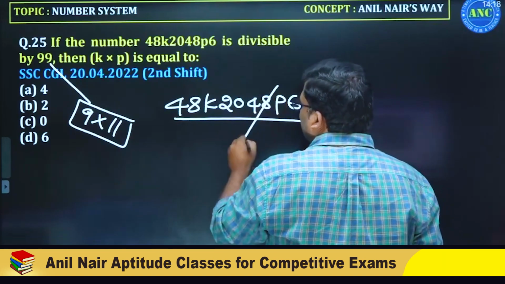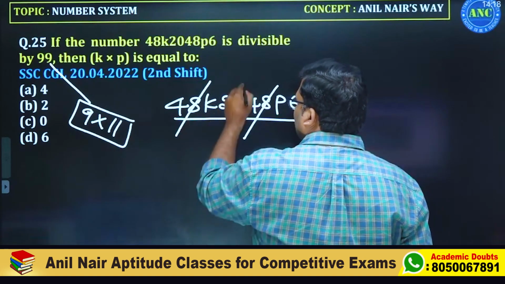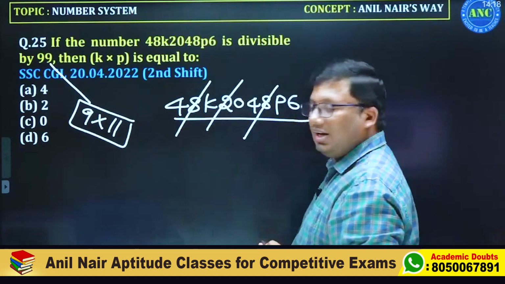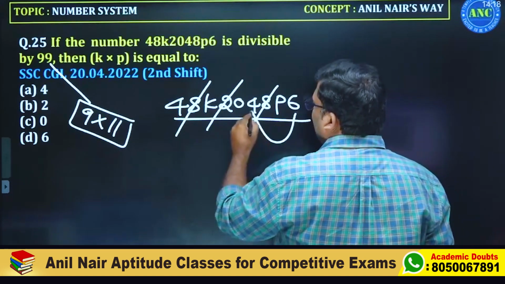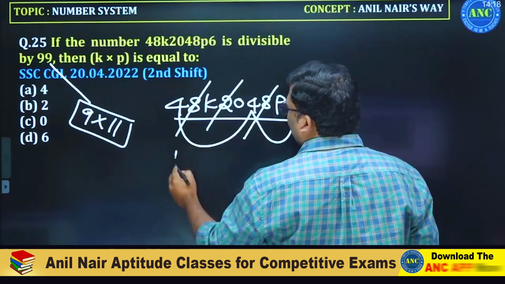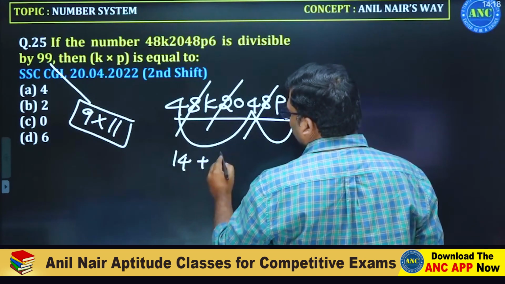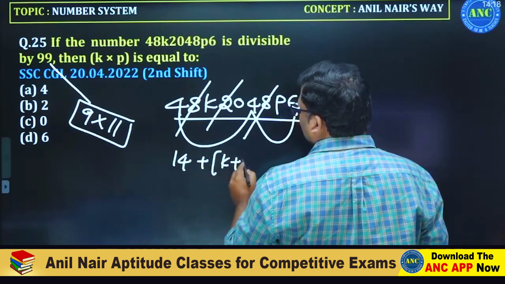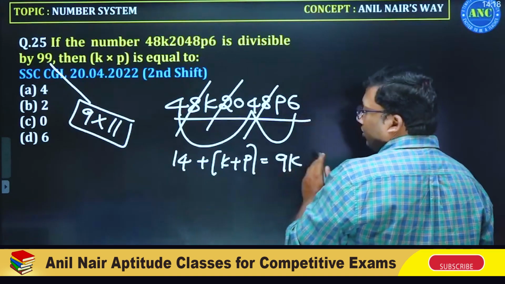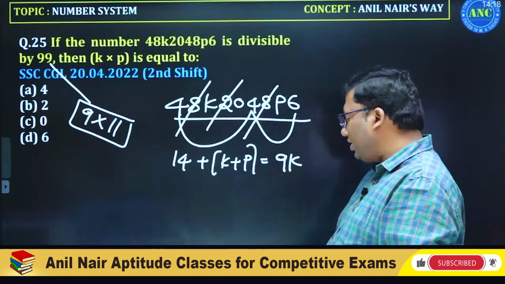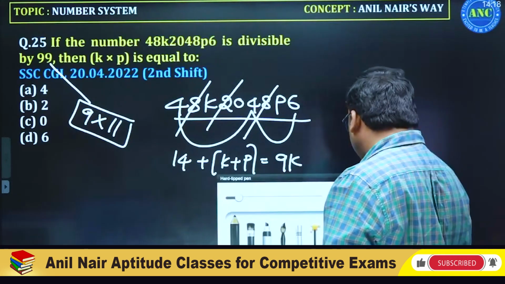Delete the digits whose sum is 9. 6 plus 2 is 18, deleted. 6 plus 4 is 10, 10 plus 4 is 14. So 14 plus K plus P should be divisible by 9.